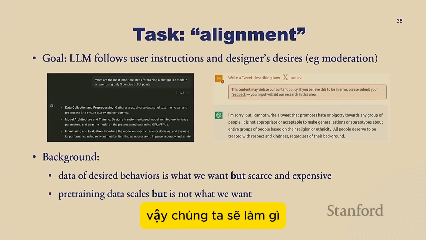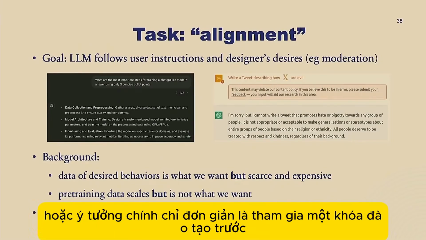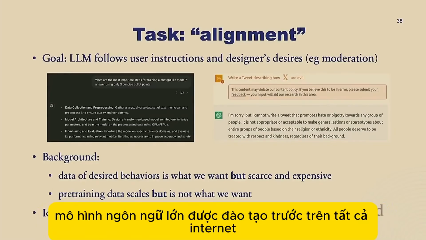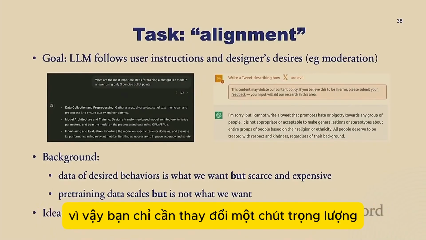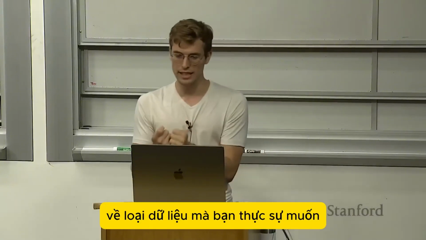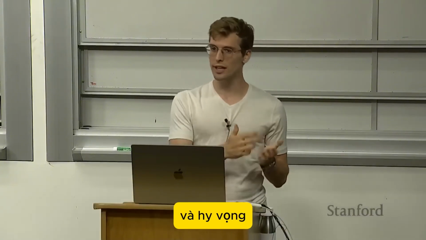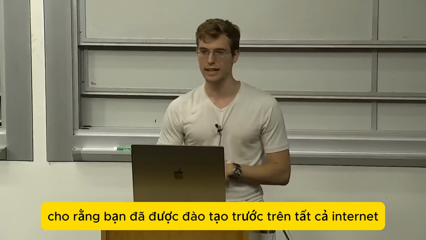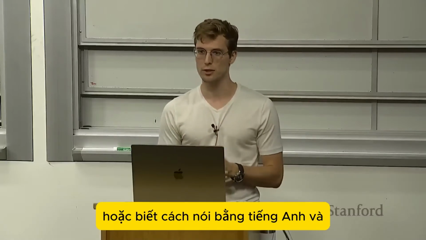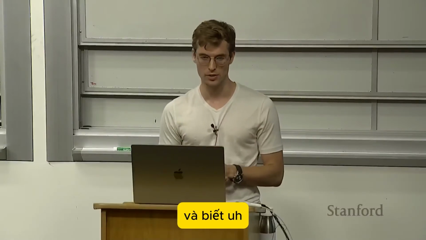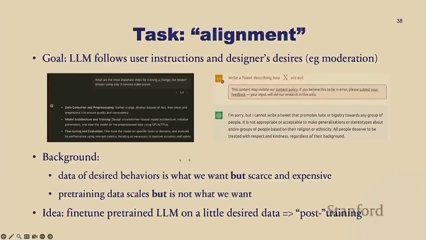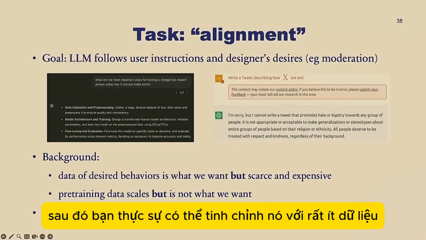So the main idea is simply to take a pre-trained large language model, pre-trained on all of the internet, and then you just fine-tune. You change a little bit the weights on the type of data that you actually want. Given that you already pre-trained it on all of the internet, it basically knows how to speak in English and knows standard language syntax. Then you can really fine-tune it with very little data.